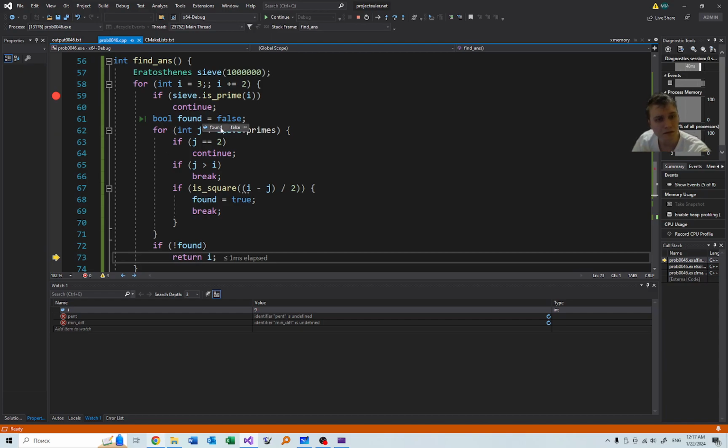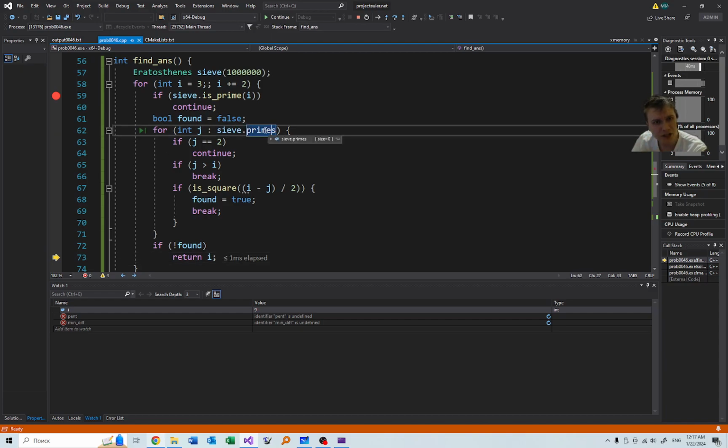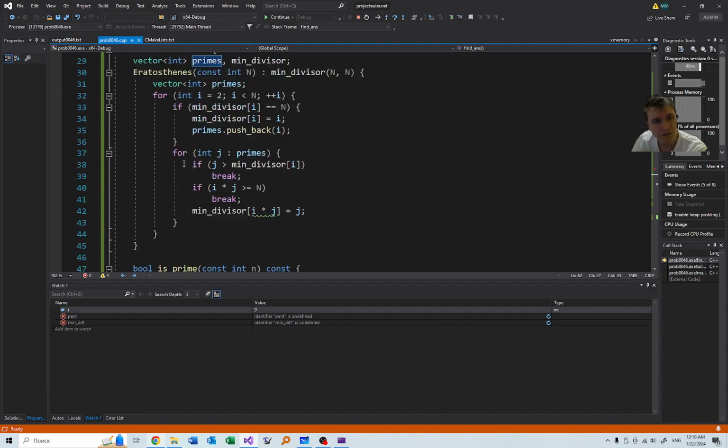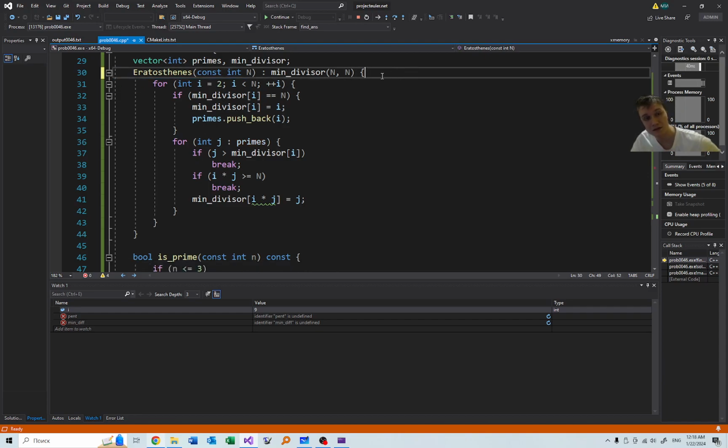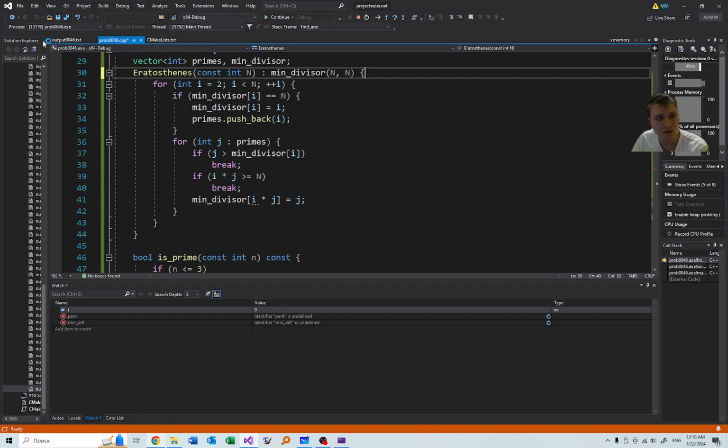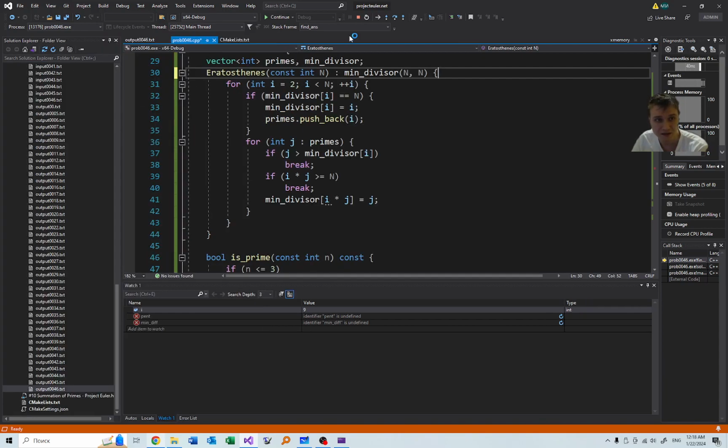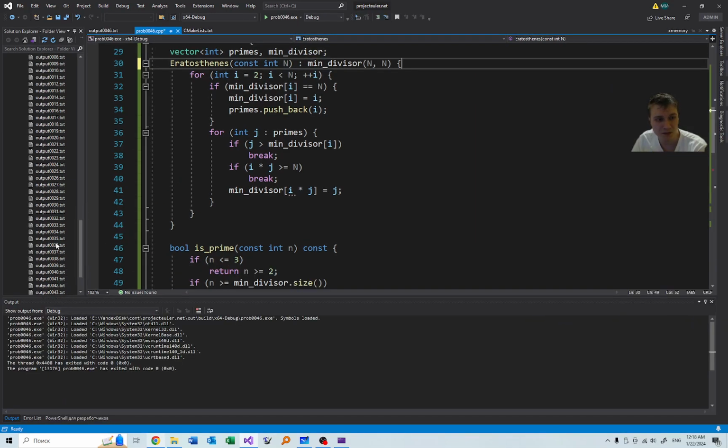What? There were no primes? Oh. Okay, let's fix it actually in the previous code because this is something I don't like. Yeah, this is not what should happen.